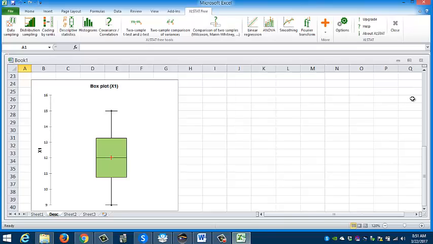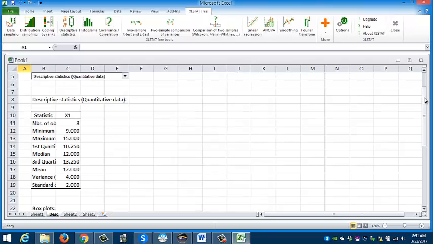They list the actual values that they computed for me up here. You notice it says the first quartile is 10.75 and the third quartile is 13.25. Okay? So these are computations also that kind of tell you ballpark what the data is like.